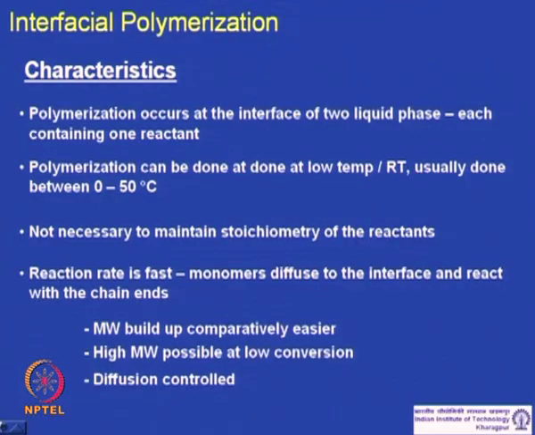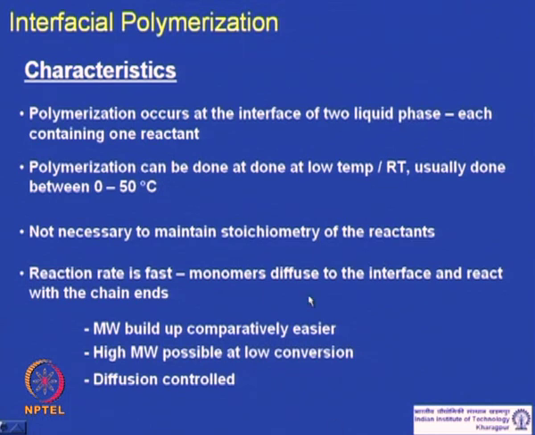In the other case, normal linear polycondensation, you have dimer, trimer, tetramer, and it grows slowly one after another. But in this case, the monomers come by diffusion to the interface and react with the chain end. So, the chain grows in size.